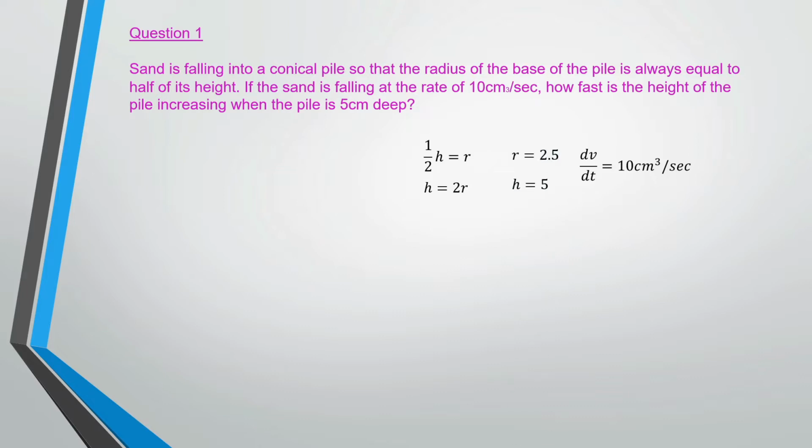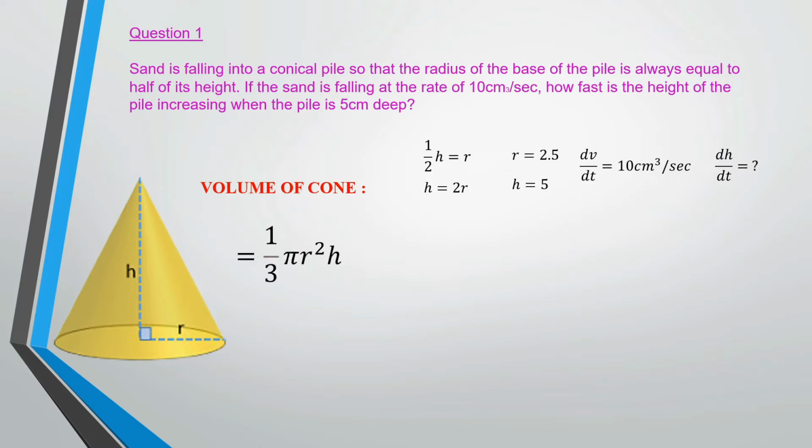Now we need to find dH over dt. From the question, we know that the shape is a cone, so here is the formula. The volume of the cone is 1/3 times pi times radius squared times height.